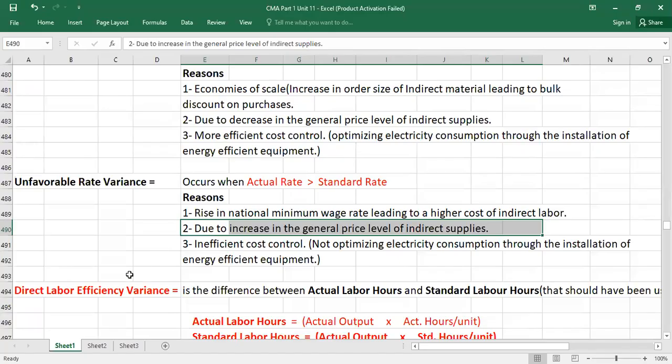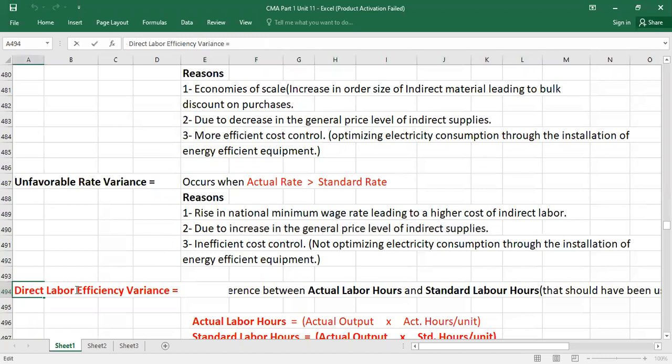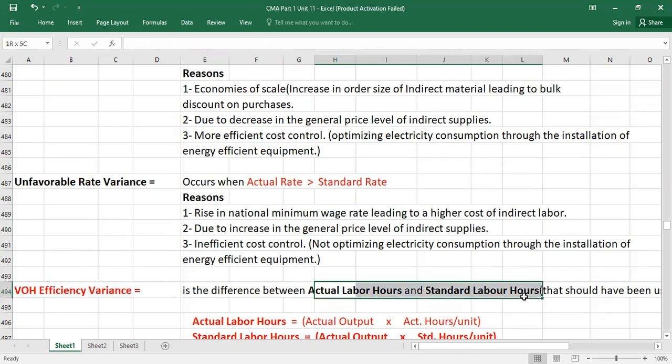Now we are going to look at variable overhead efficiency variance. Variable overhead efficiency variance is the difference between actual labor hours and the standard labor hours. The standard labor hours are those hours that should have been used for actual level of output.